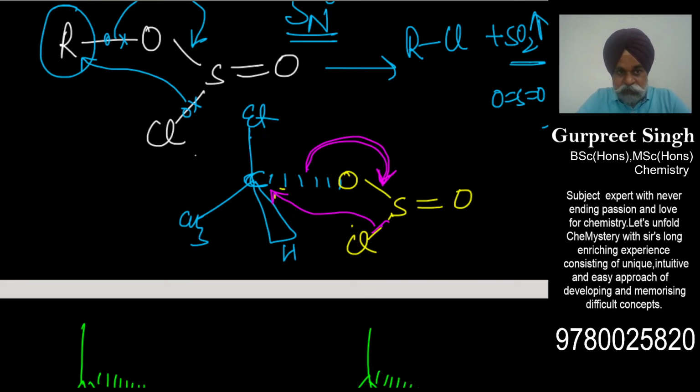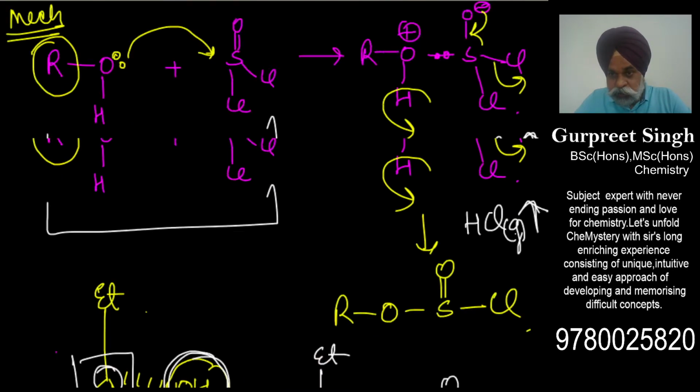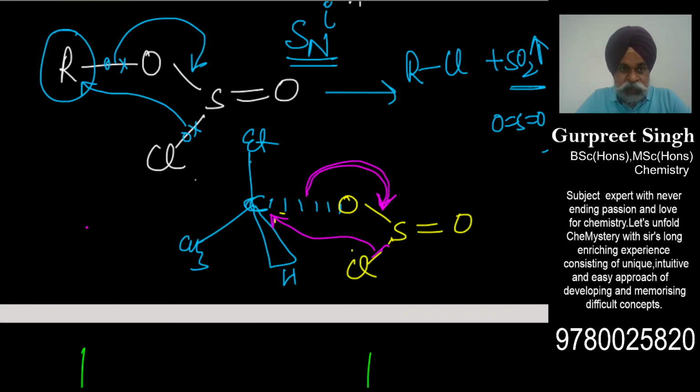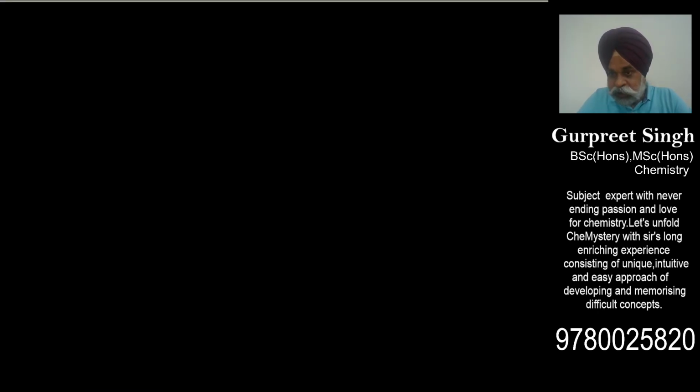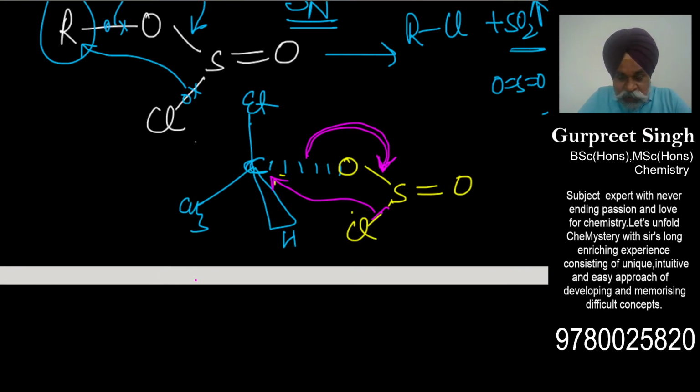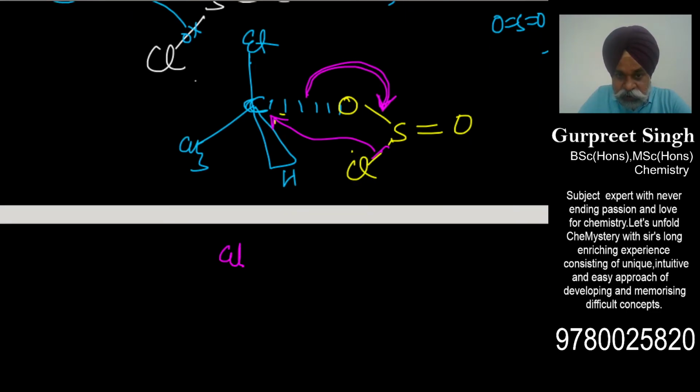Another viewpoint here is that during this reaction, you are going to get the same compound with the same configuration, that is, with the retained configuration. You would get methyl, you would get the H here, but here you are going to get the Cl.